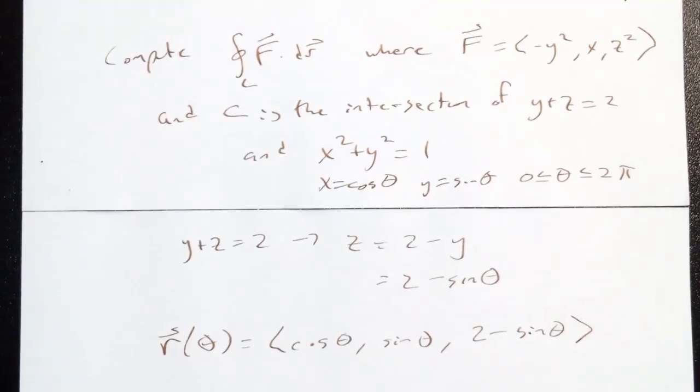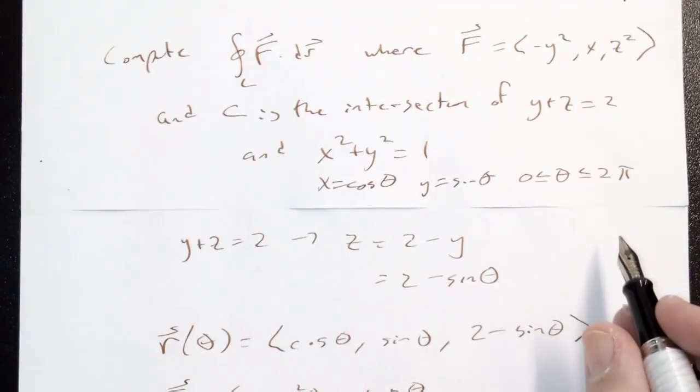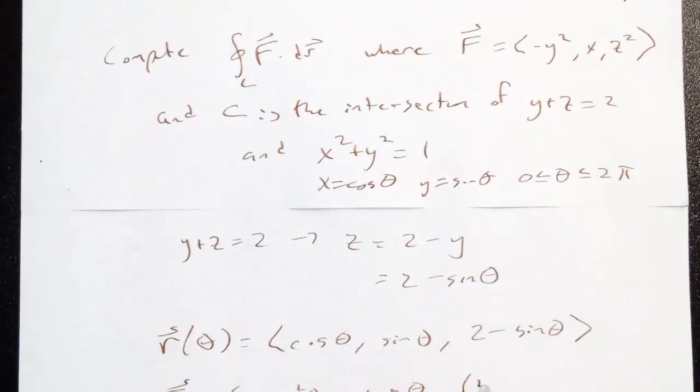But now I've got to do f. And f has to be done with these things. So f is now minus y squared, x, z squared.